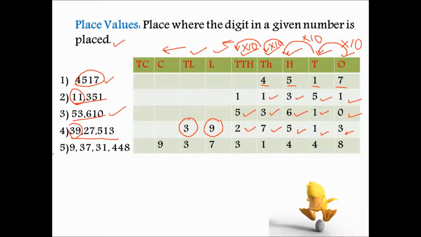Now let us consider another big number which is bigger than the previous one: 9,37,31,448. Till the 10 lakhs place, you know how to place, right?